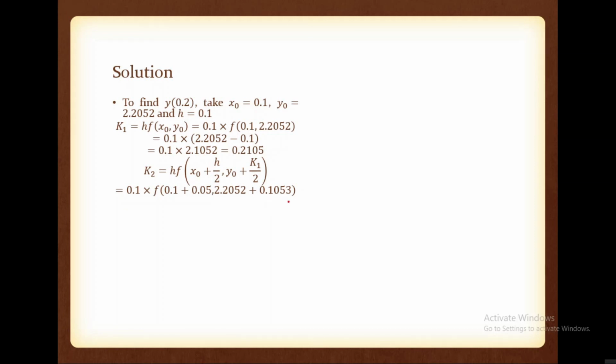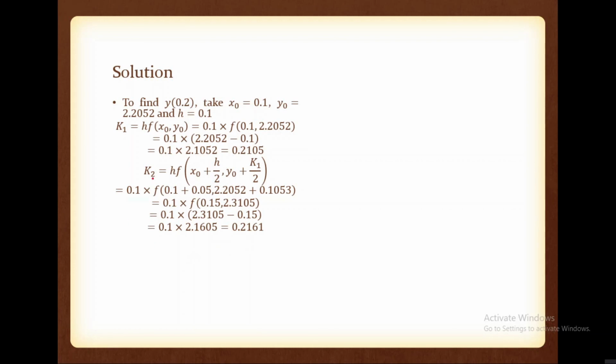So we can write it as 0.1 into f of 0.15 comma 2.3105. So this is equal to 0.1 into 2.3105 minus 0.15, that is y minus x, equal to 0.1 into 2.1605 equal to 0.2161. Is it okay?